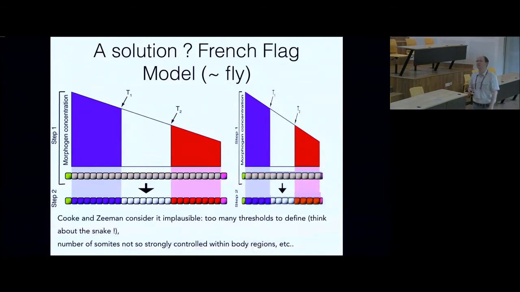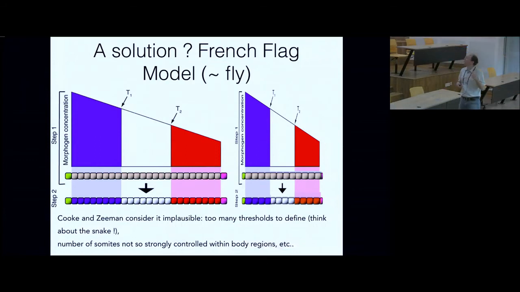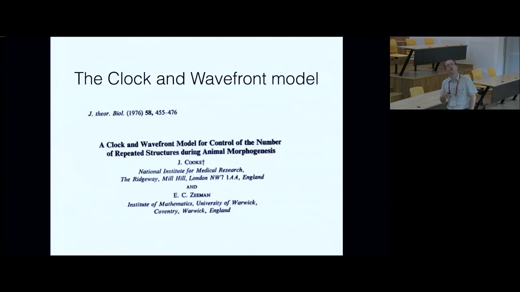It's implausible that you have a system doing this. So, based on this very hand-wavy consideration, people thought that the French flag model is not very plausible for, say, the vertebrae in the snake. And that led Cooke and Zeeman to propose an interesting model in 1976, which is called the Clock and Wavefront model.